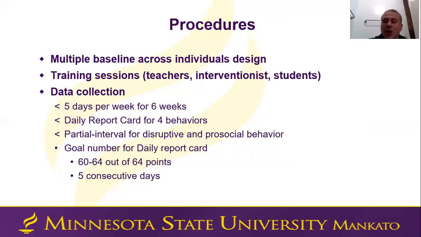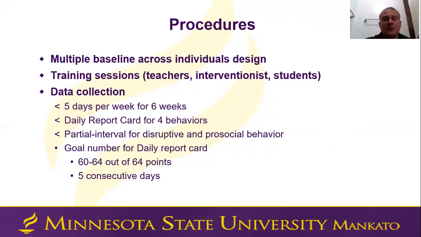During those goals, the students can receive a score from 0 to 2 for each goal during each subject. The way that works is if a student is meeting that goal, if they're following directions 100% or with 1 or less reminder throughout that subject, they receive a 2, the highest score for that goal.